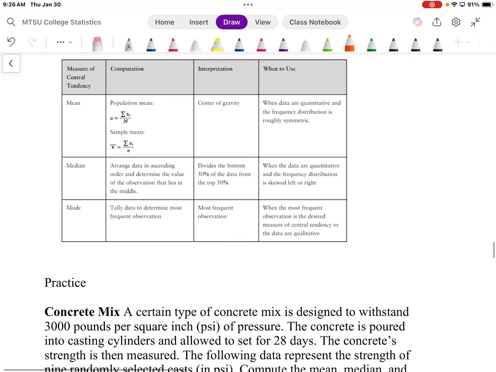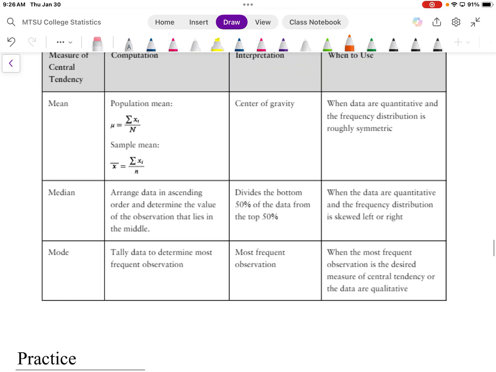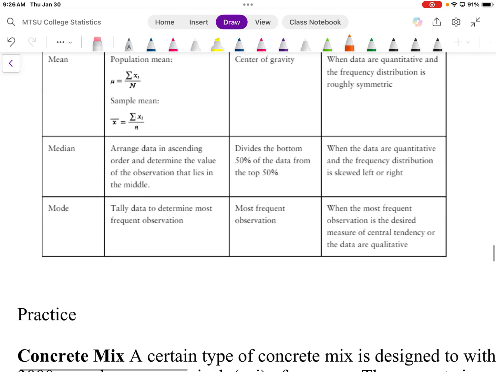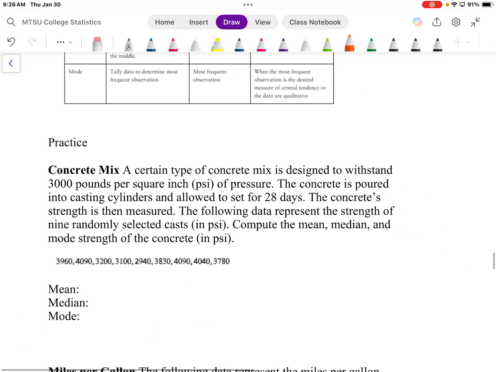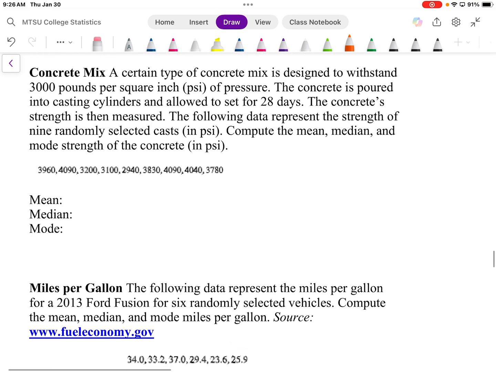So here's a brief snapshot of what we did today, if you need to use it to study off of. And then I have some more practice problems for us to go through together, where you do the mean and the median.